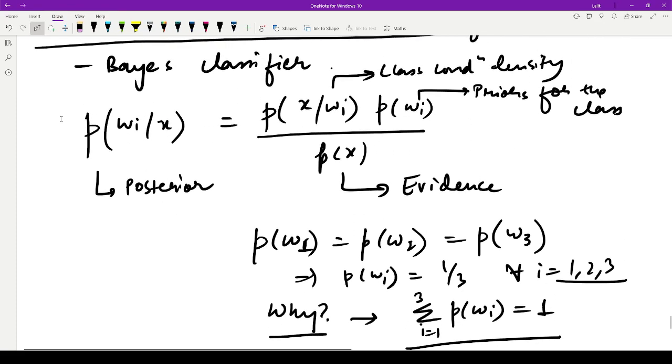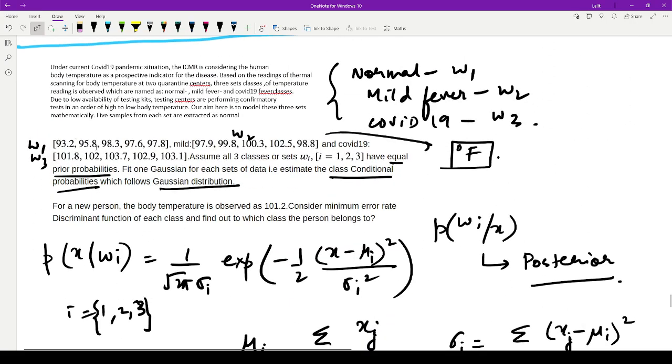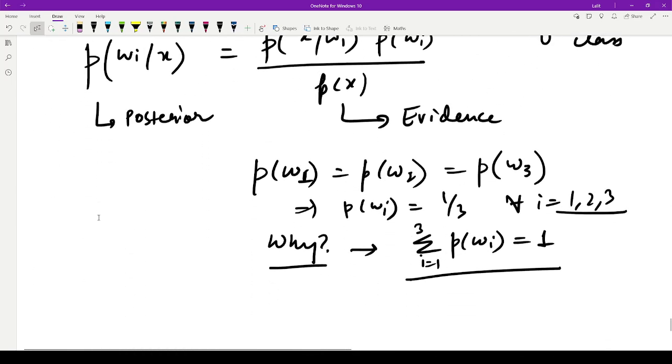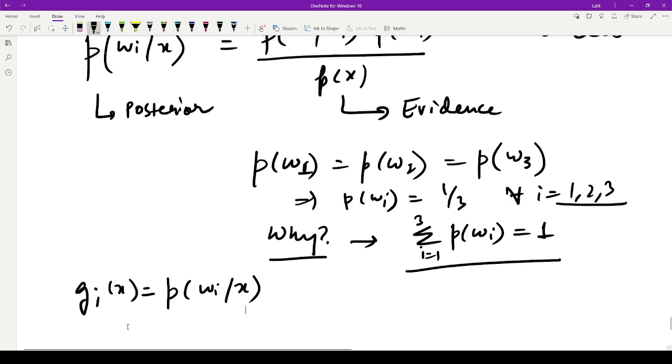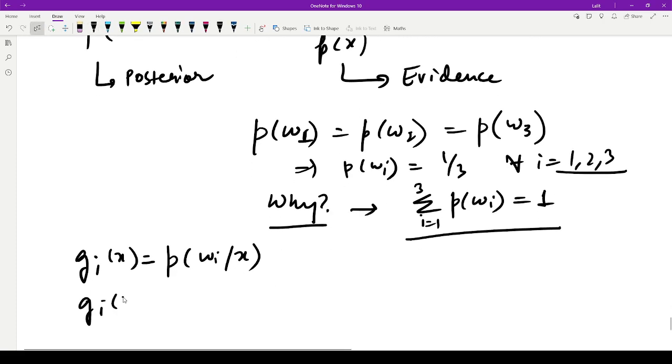Yeah. So what we need to find is the posterior. So since we are asked to use a discriminant function, how do you design a discriminant function from this posterior? It is simply writing the posterior as your discriminant function. The higher the posterior, the higher will be the value of this discriminant function. That means it will be your way to decide which class it should belong to. Or you can do a nonlinear mapping as well.